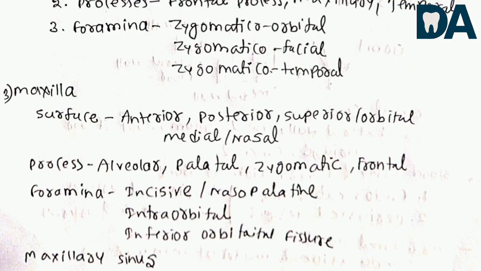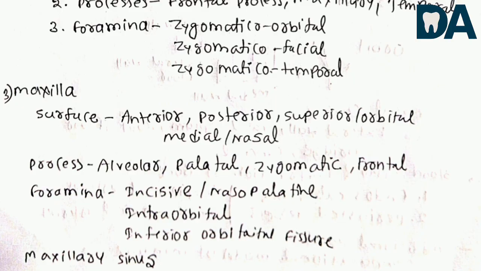Maxillary sinus. The maxillary sinus is an important sinus in our body. It is located within the maxilla. It is the largest of the four paranasal sinuses.